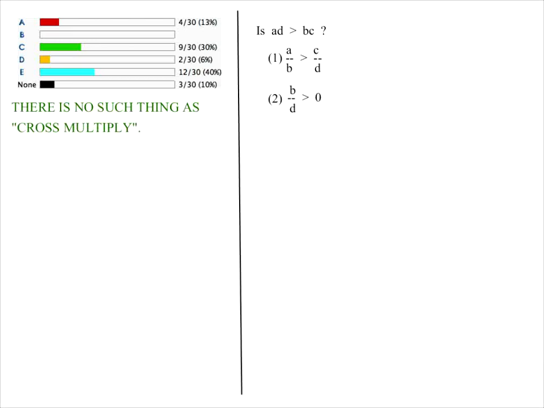I mean, you guys didn't really think there was, right? You guys didn't really think there was some magic voodoo multiplication that lets you multiply across an inequality alligator, right? Or an equal sign. So let's talk about what that really is, because with equations you can get away with it, but with inequalities it's a disaster.